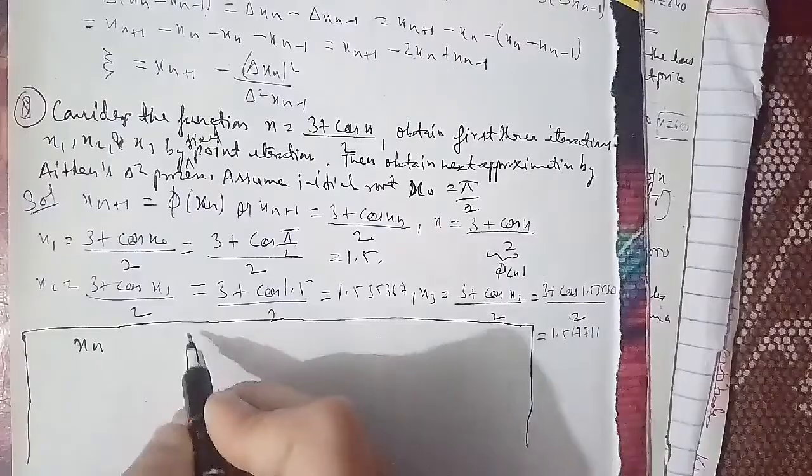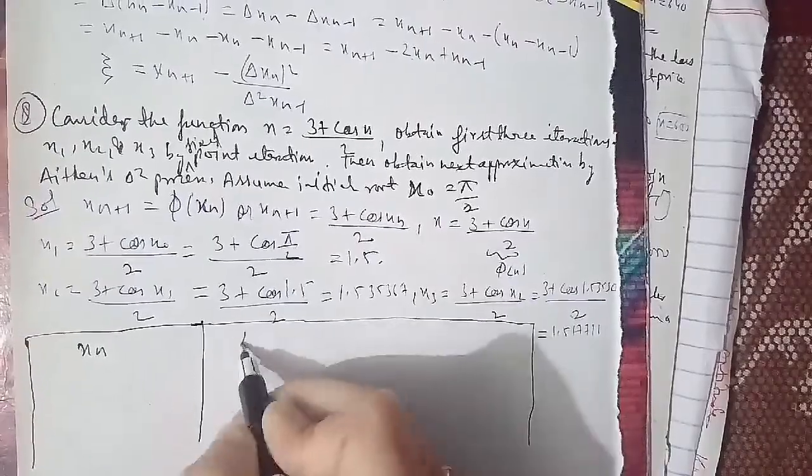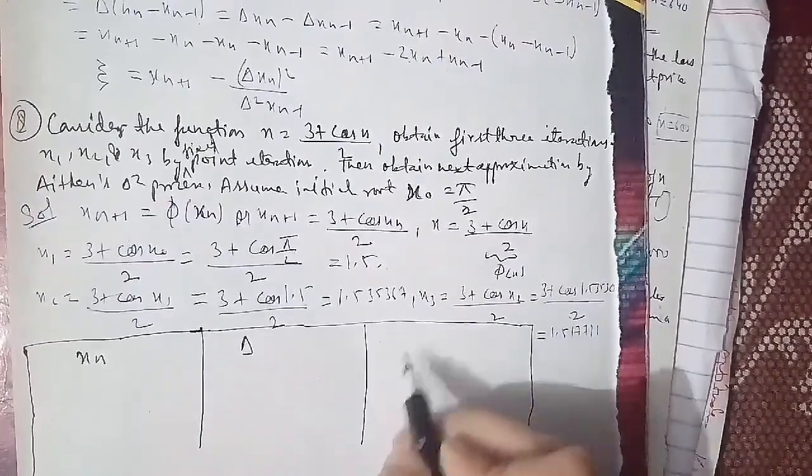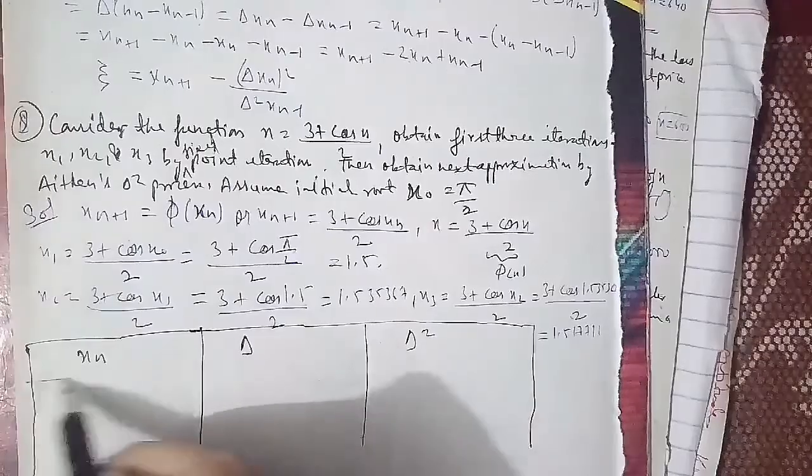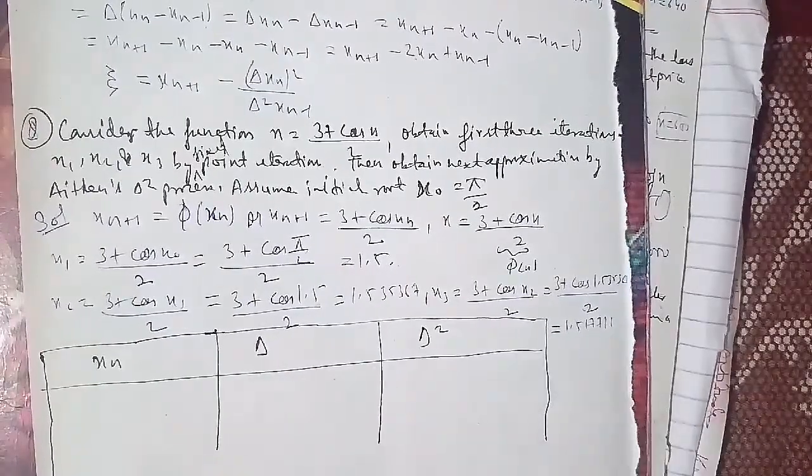For that, then delta, and of course the delta square. We put the value here.